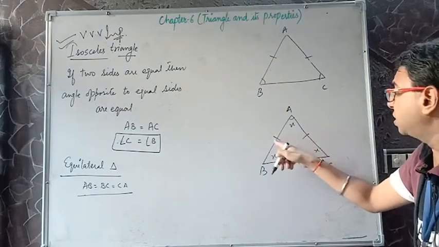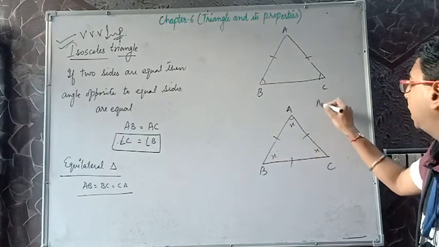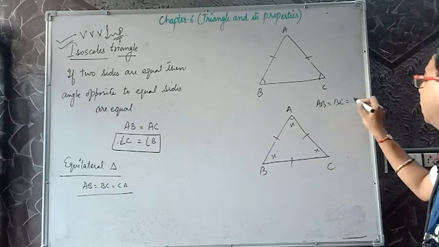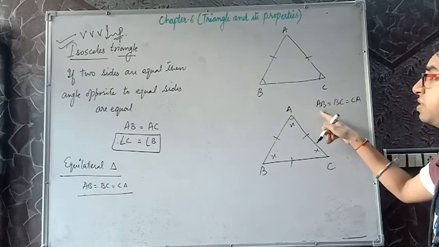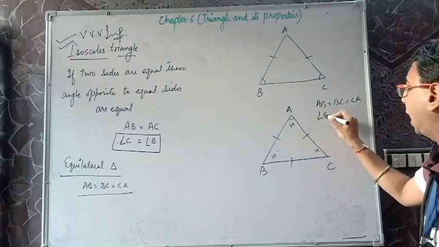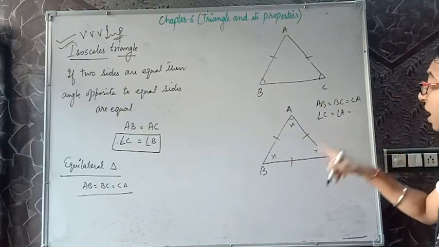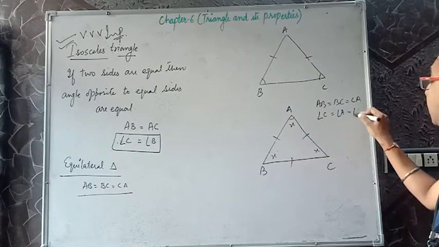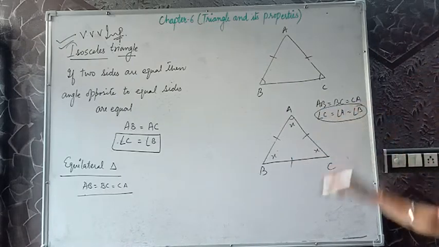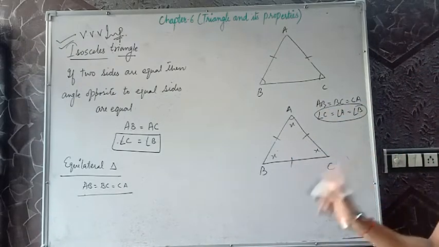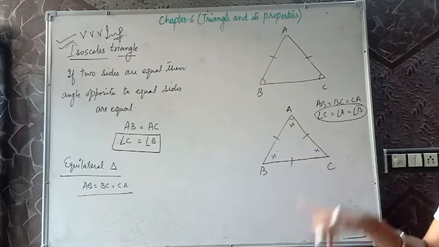Why? AB, what is the angle opposite to AB? Angle C. What is angle opposite to BC? Angle A. What is angle opposite to AC? Angle B. Don't you think all the three angles are equal? It means the measurement of all the three angles must be the same in an equilateral triangle.